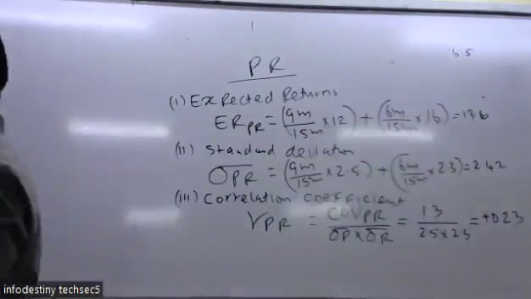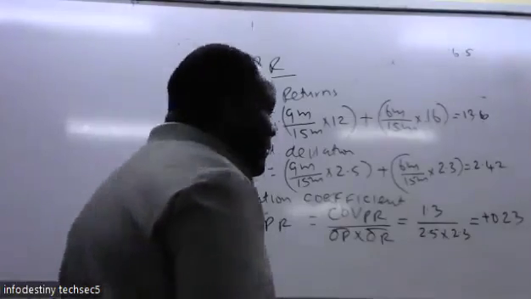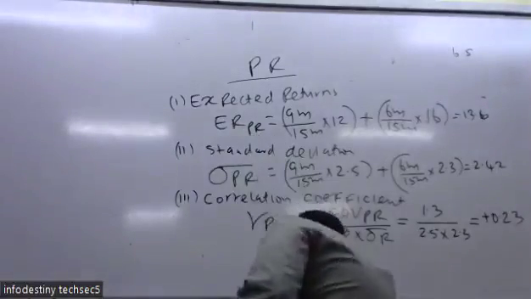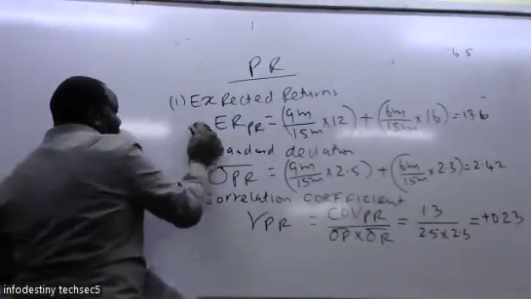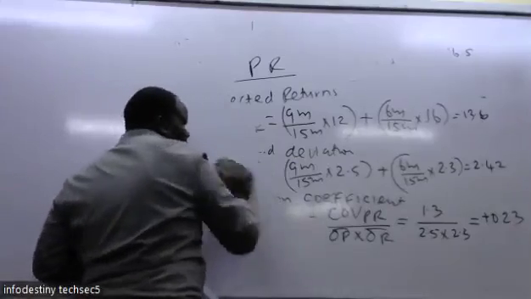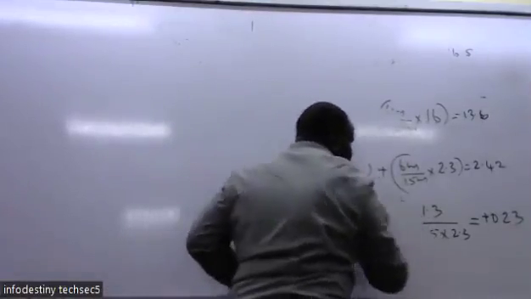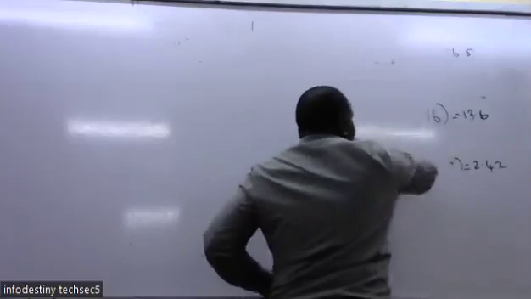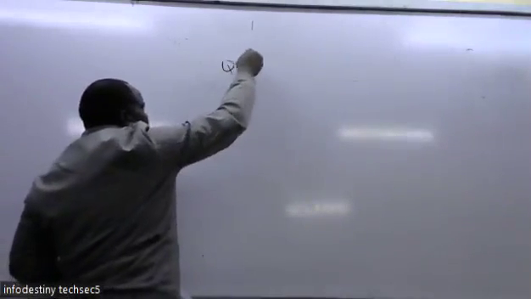Now we get to the second combination that we accepted. The second combination was QR.